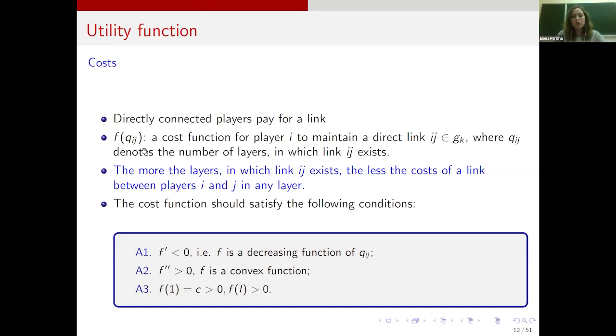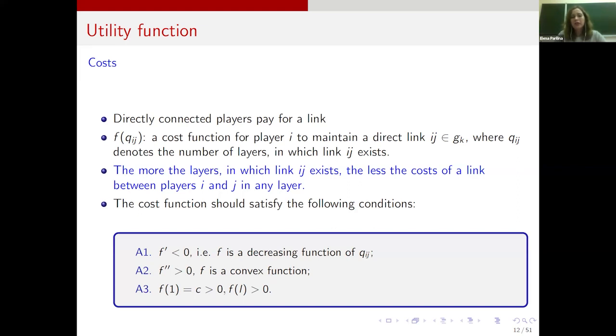And we wanted to implement this idea in the theory: the more layers in which link ij exists, the less the cost of a link between player i and j in any layer. So it means that if we are familiar with a player, so if we have a lot of links in different layers, we can reduce the cost of communication.